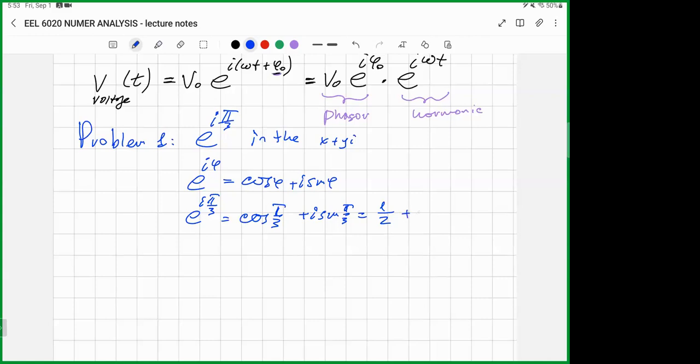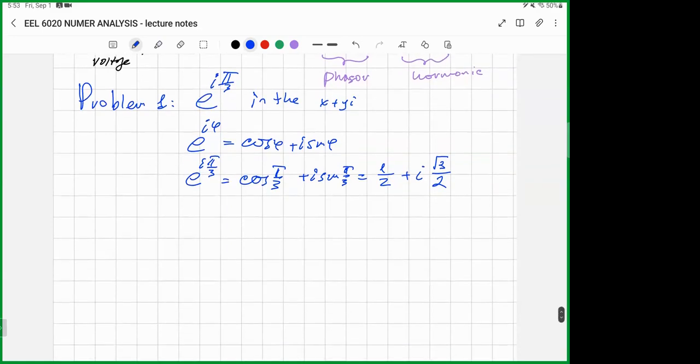And plus I sine pi over 3 is then equal to square root of 3 over 2. Something like this. So that's the answer. X is equal to 1 over 2, and y is equal to square root of 3 over 2. Pretty simple. Okay, let's consider another problem.